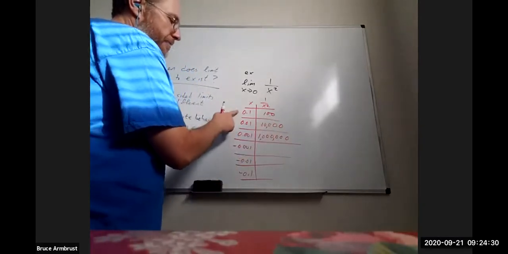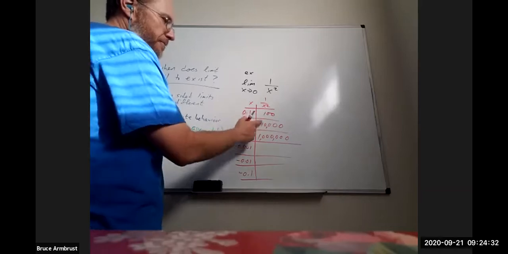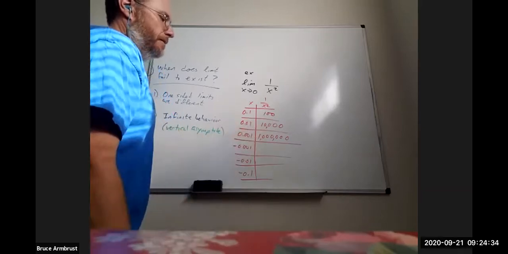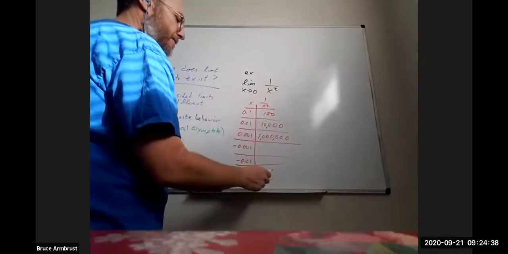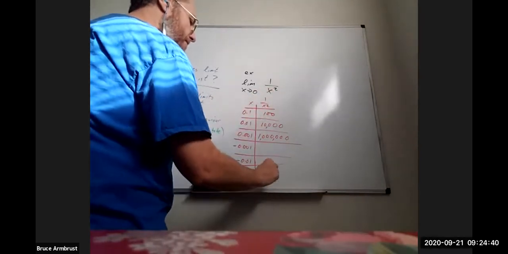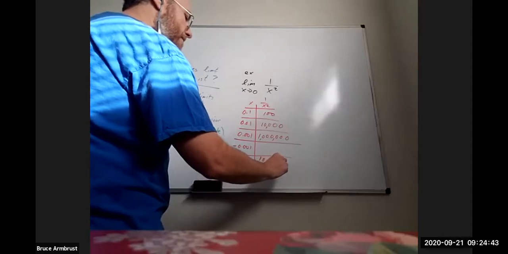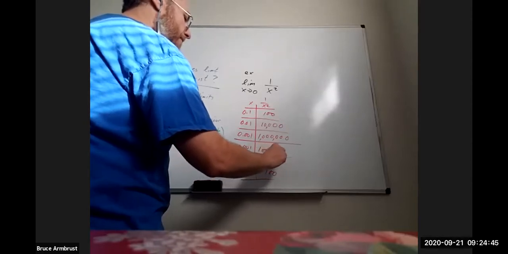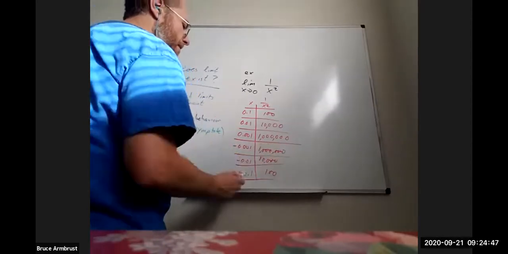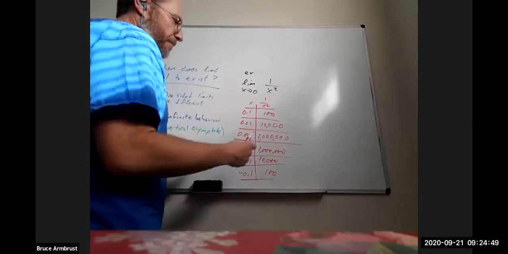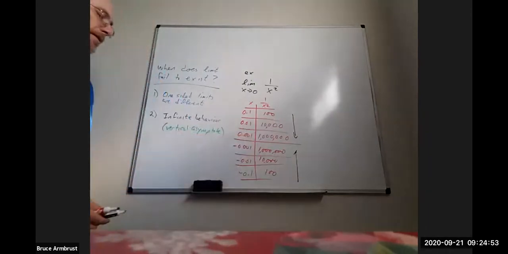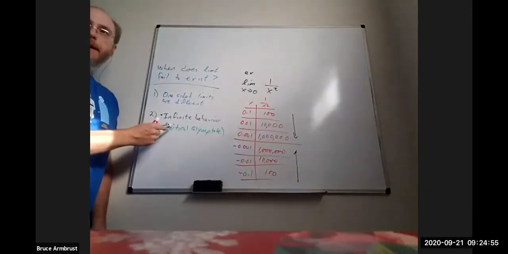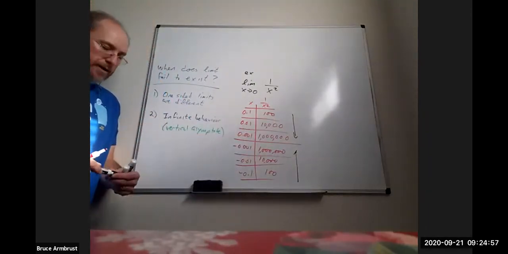Notice that as I get closer and closer to 0, these numbers are getting really big. Similarly, if I put in the negatives, since I'm squaring, it just turns positive. So we see the exact same pattern from the other direction. Either way, as we move closer to 0, these numbers blow up. So infinite behavior is what I mean here.